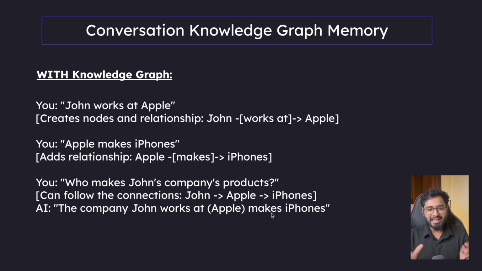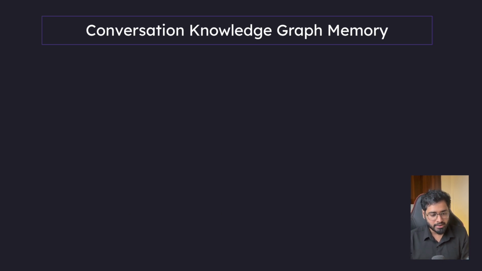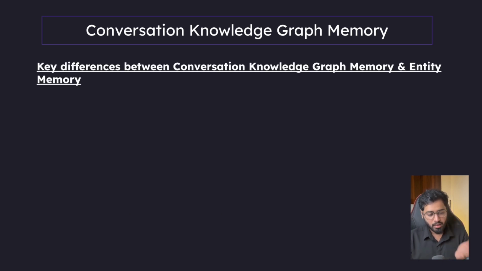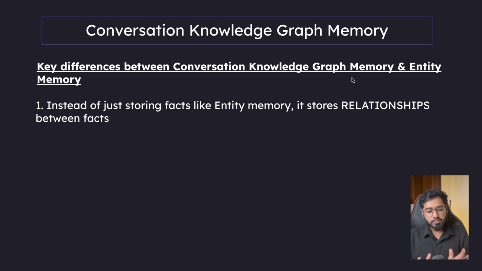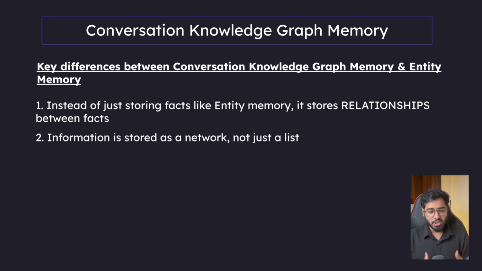Okay, so what are the key differences between conversational knowledge graph memory and entity memory? Instead of just storing facts like entity memory, the knowledge graph memory stores the relationships between those facts. That is the only difference. Information is stored as a network, not just a list, right?